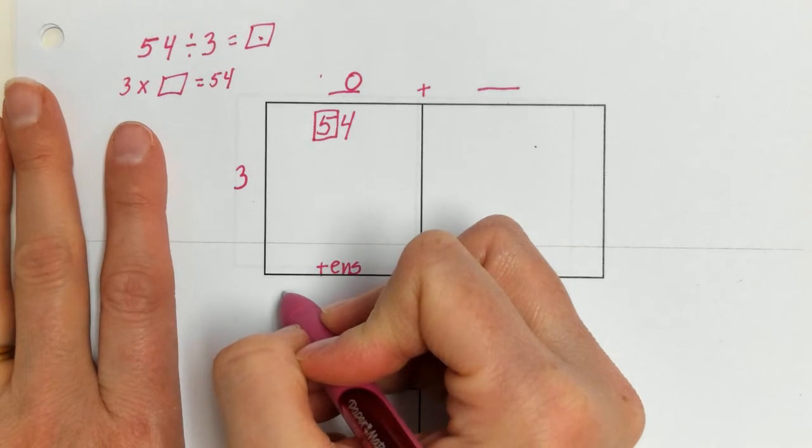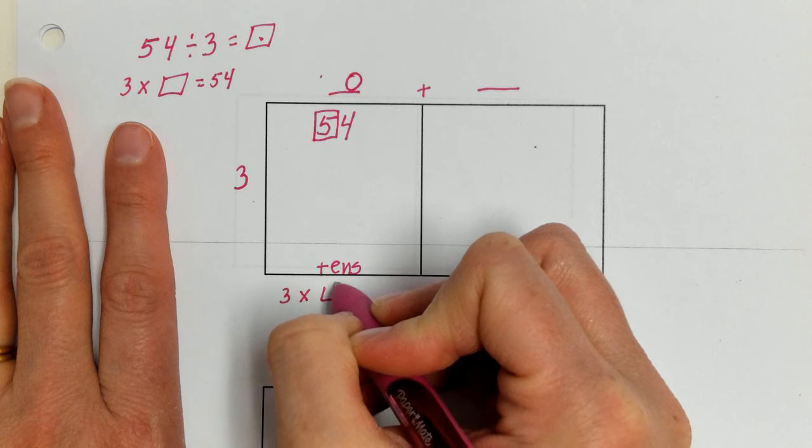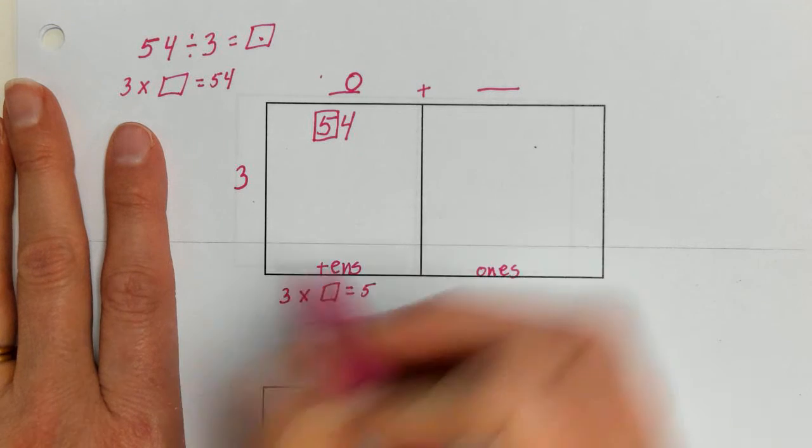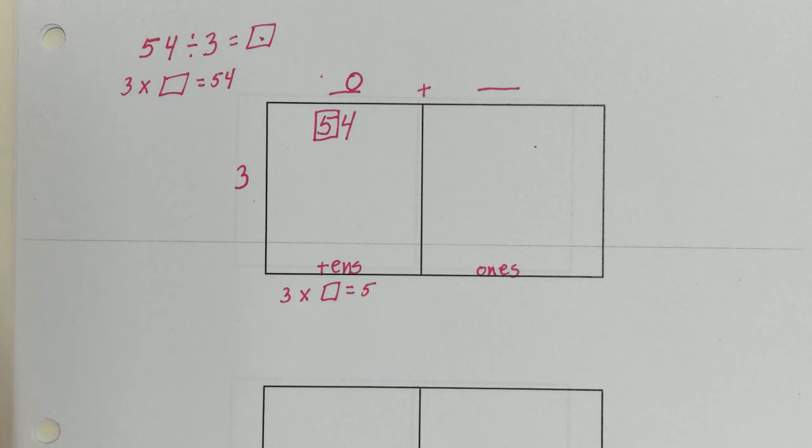And underneath your box, I want you to write 3 times blank equals 5. Now, will 3 times anything equal 5? No. So what multiplication problem can I get to get close to 5?